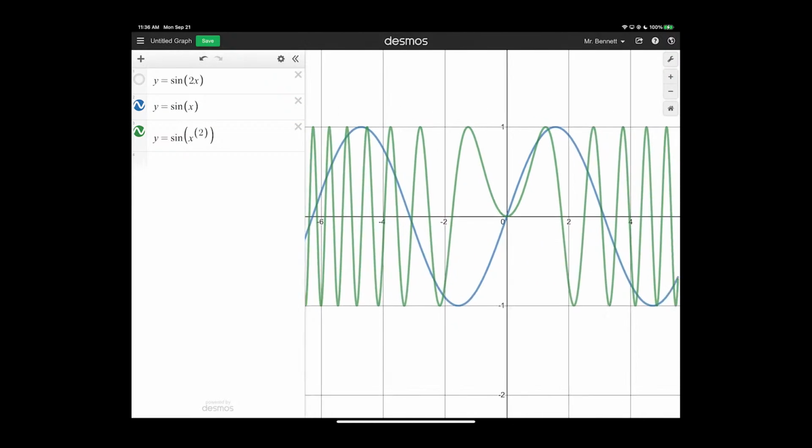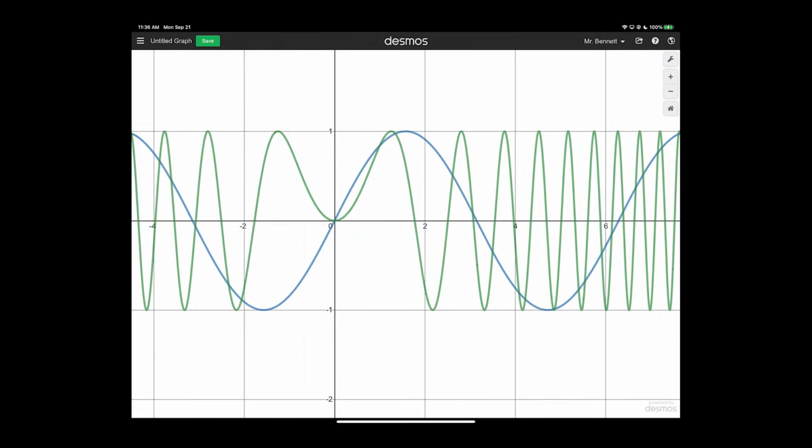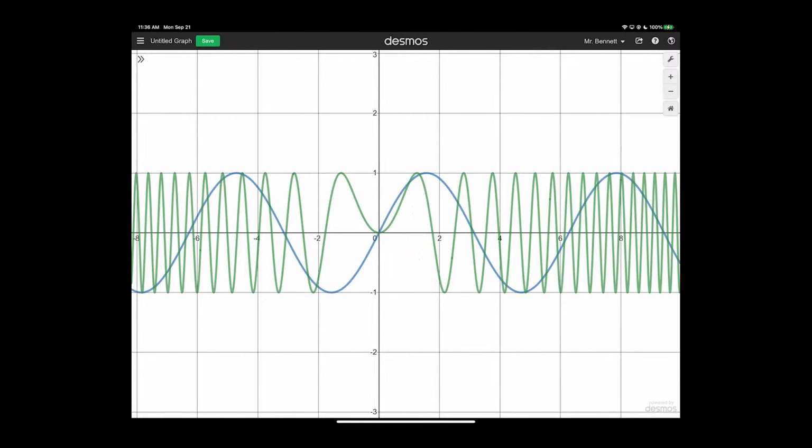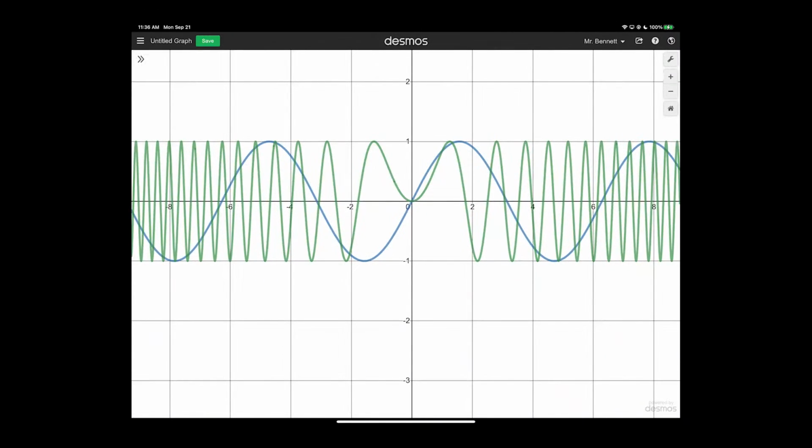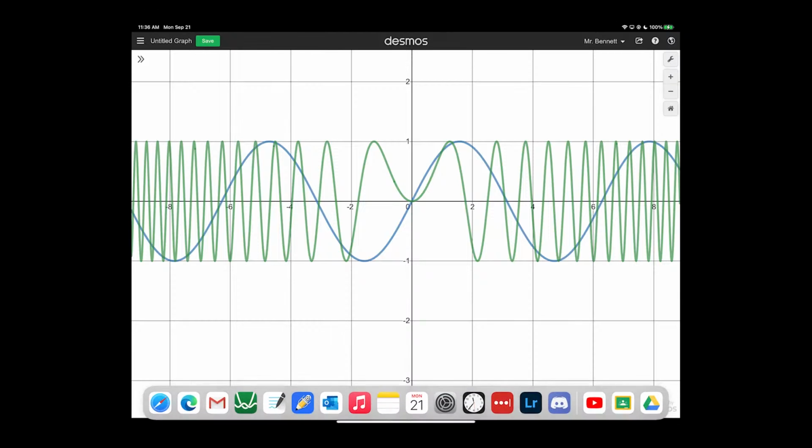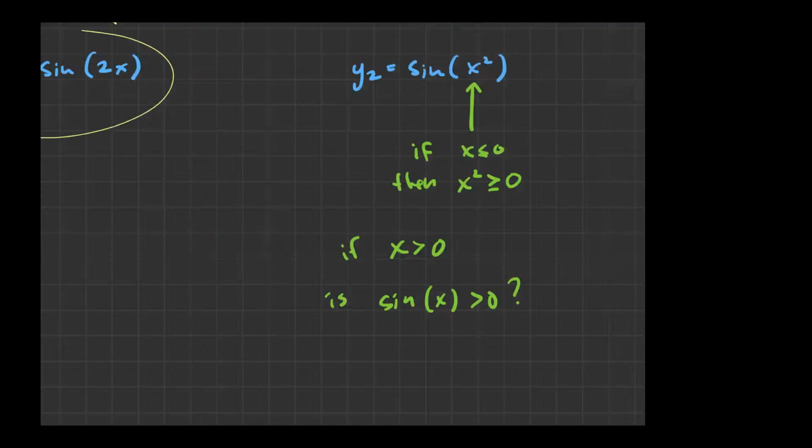It looks like these two functions have almost nothing in common, right? They're very different. So what I'd like you to do this evening is think about how sine of x squared is even remotely related to the original sine function, because it looks completely different, doesn't it? So let's go back here.